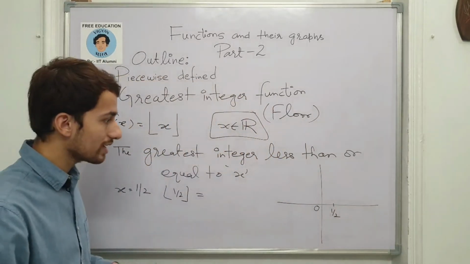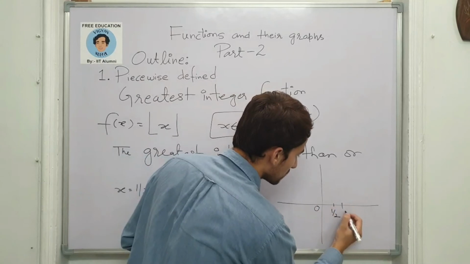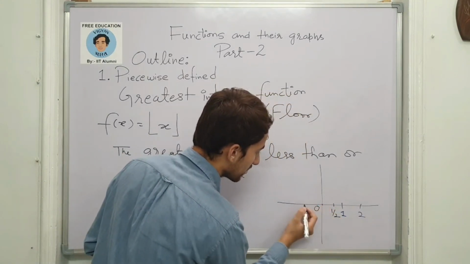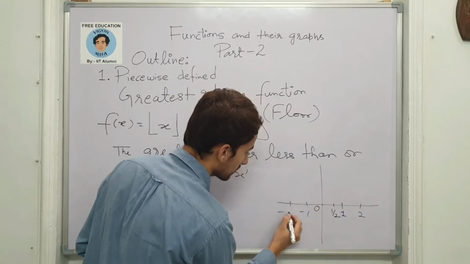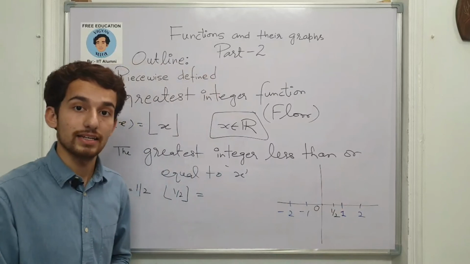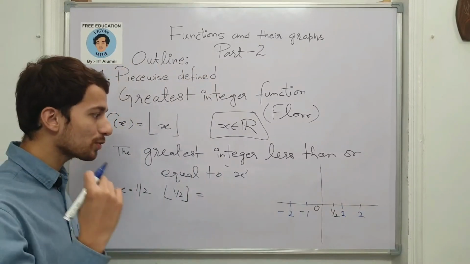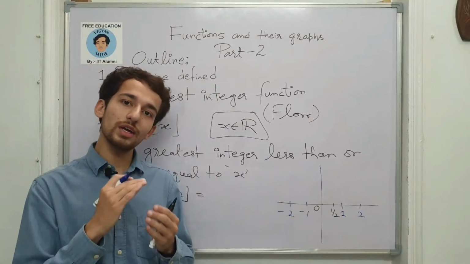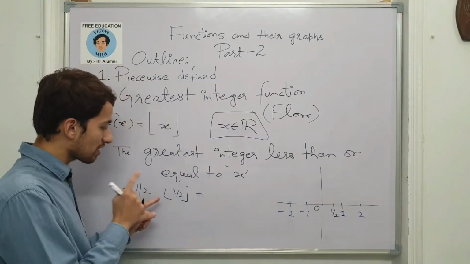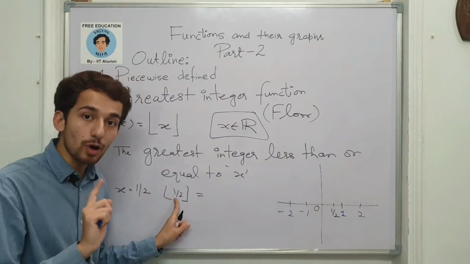Now, try to observe something first. This is 1, this is 2, this is your 0 here, this is -1, this is -2. So all the integers are lying over this real number line. Your output will be an integer less than or equal to the value of input you give. So first, an observation which we have to make: the input is not an integer.